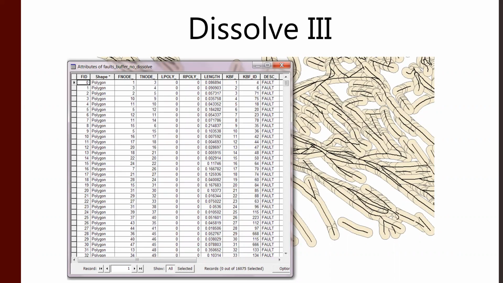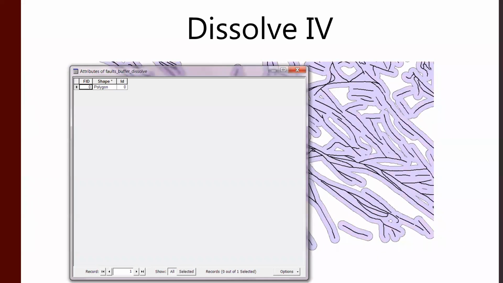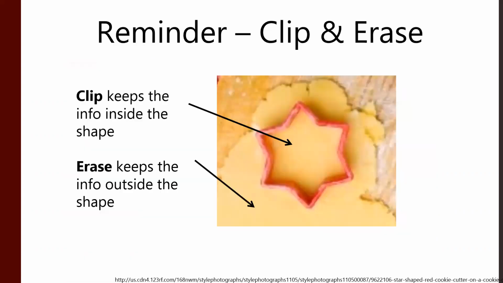So we miss out on the overlaps. It's a cleaner output, but the shape is unified all together. Now, having overlapping buffer zones, having overlapping things in your attribute table could be good, could be bad, depends on what you're going to do with it. Dissolve.